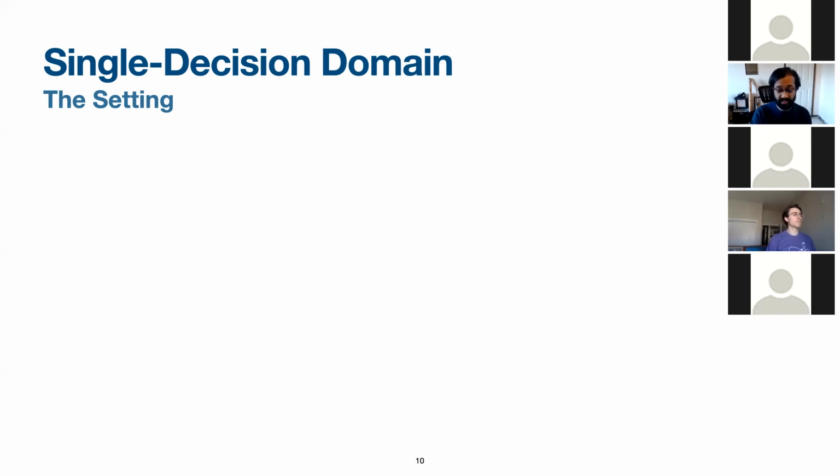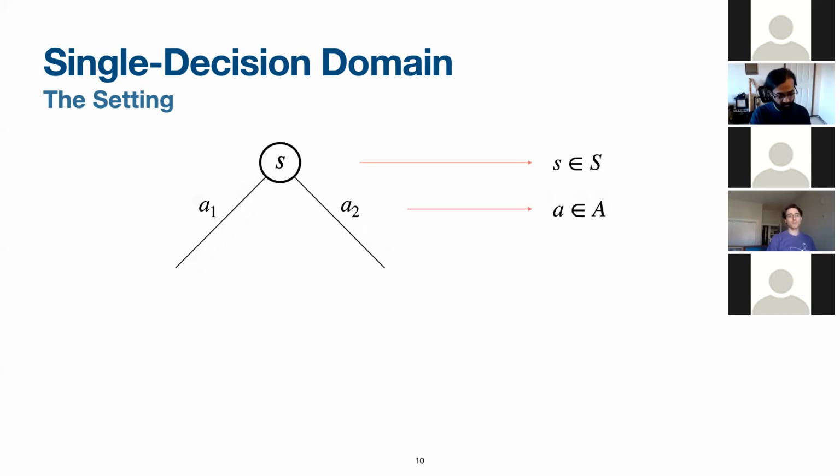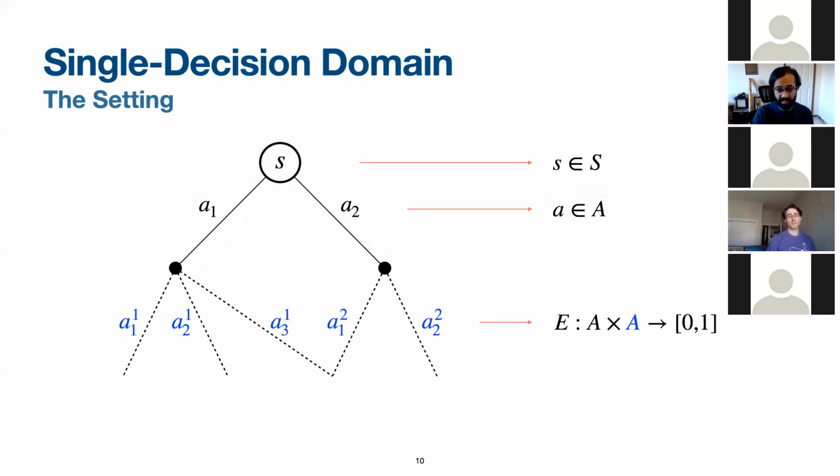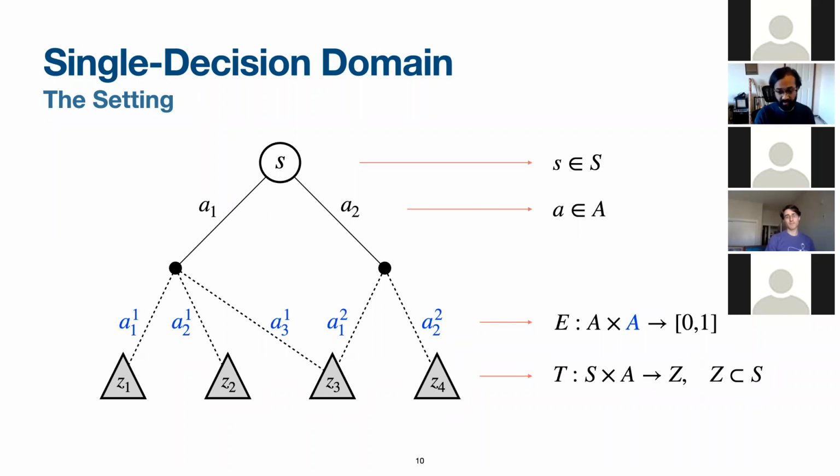In a single decision domain, we have a set of states, and each state has a set of actions. Uncertainty in action execution can be modeled using the execution model, and this gives us a set of executed actions instead. Given a state and an executed action, a transition function determines the outcome of the action.